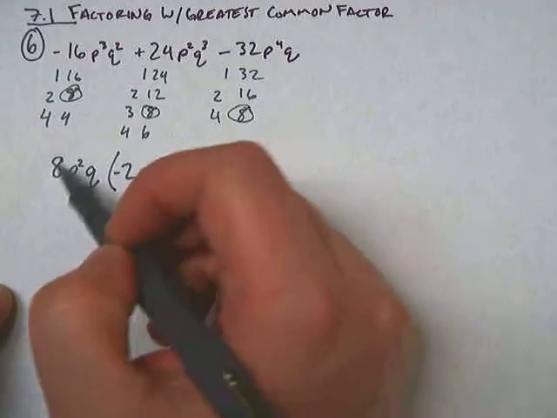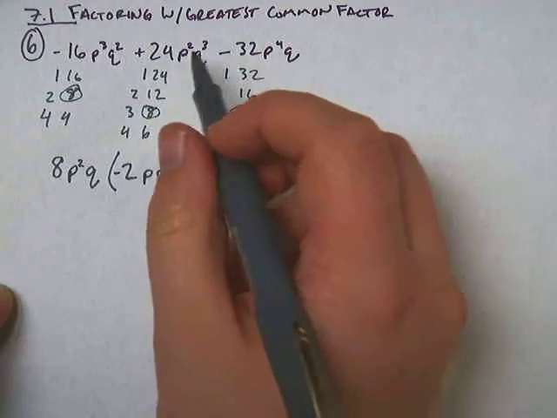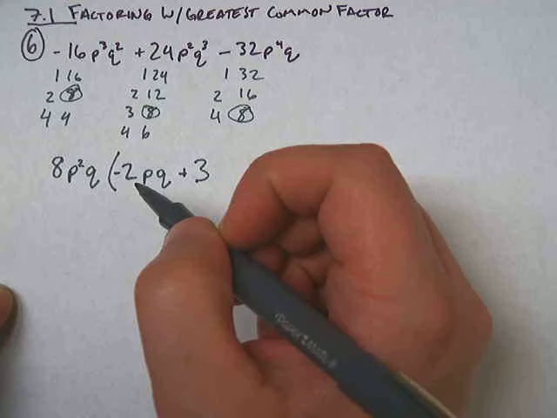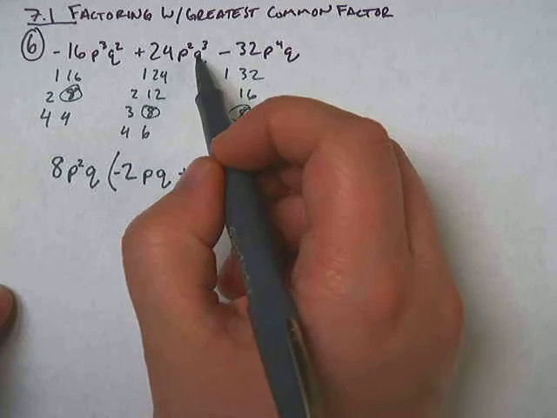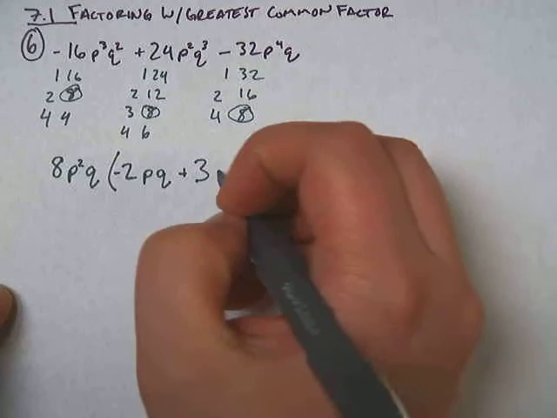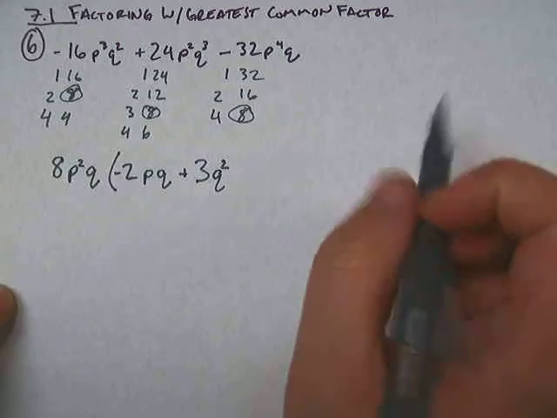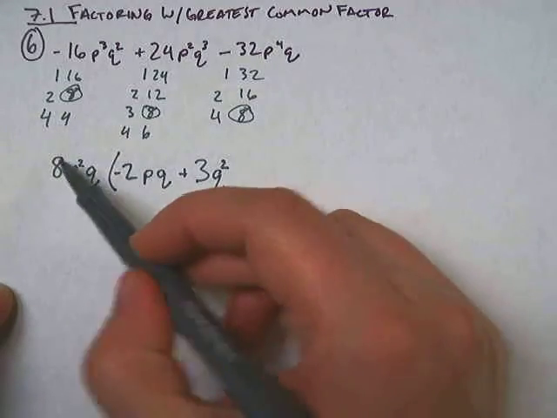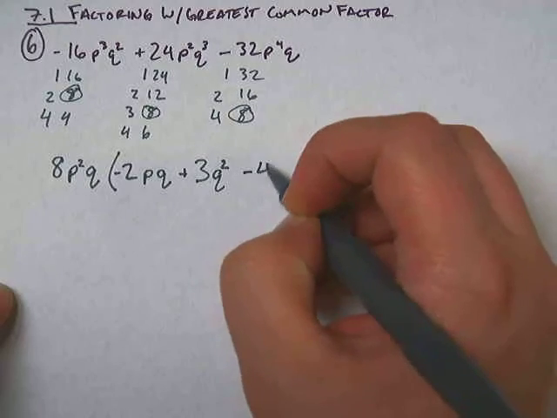Then we have 24 divided by 8 is 3. P squared divided by p squared is 1, because they cancel out. And q to the 3rd power divided by q is q squared. Then we do negative 32 divided by 8, and that is negative 4.